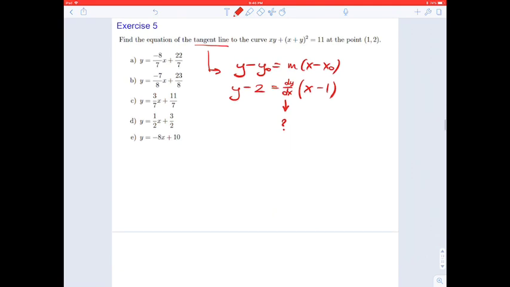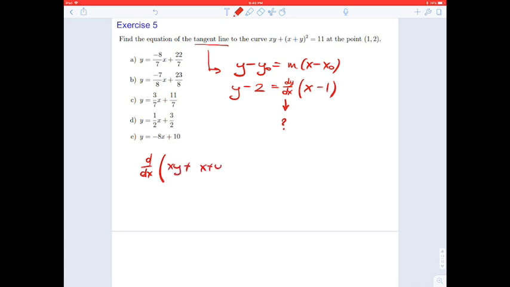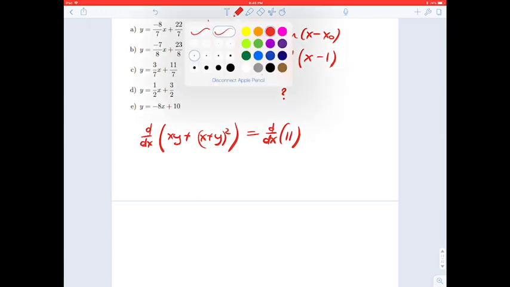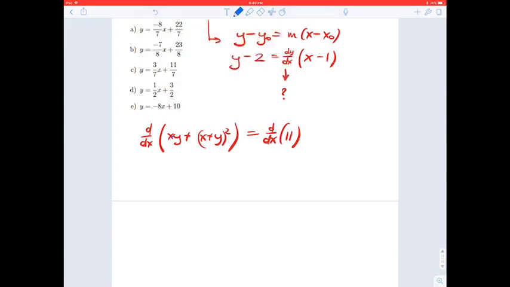Let's differentiate using implicit differentiation both sides of this equation: xy plus (x plus y) squared, and then the derivative with respect to x of the right hand side. Again, I see a product, remember to apply.